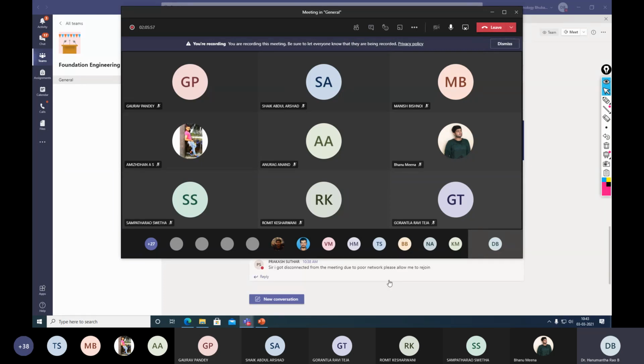Okay, so any other questions or doubts about the shallow foundation? Your question paper pattern is that there are two sections. One section is essay type questions. Another section is statements where you give justification or elaboration.